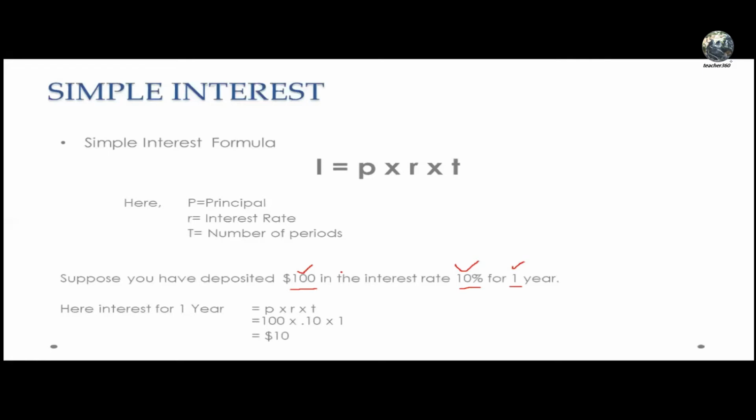So by using the simple interest formula, we get principal $1,000 times interest 10% times 1 year. So here your simple interest is $100. This way you can easily find out simple interest of your deposited money or any type of financial transaction.